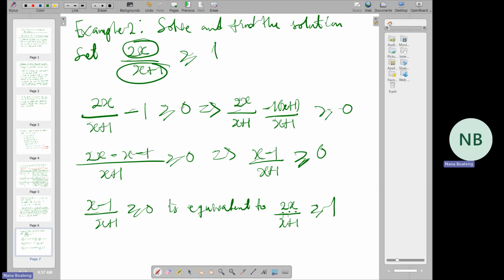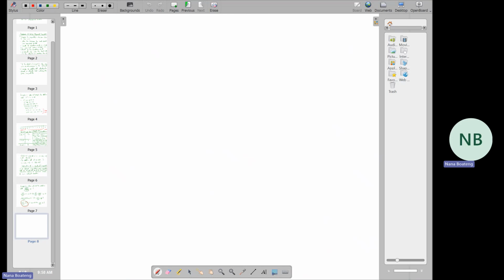If we are solving this inequality, we will set the denominator equal to 0 and also the numerator equal to 0 and solve for the boundary points, which we will put on the number line to determine the test points.